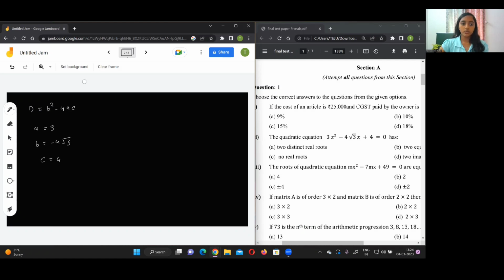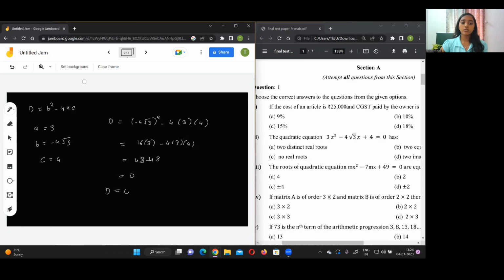So D will be equal to b square, which is minus 4 root 3 whole square minus 4 into 3 into 4, which is 16 into 3 minus 4 into 3 into 4, which is nothing but 16 3s are 48, minus 4 3s are 12, 12 4s are 48 again. So 48 minus 48, which comes to 0.